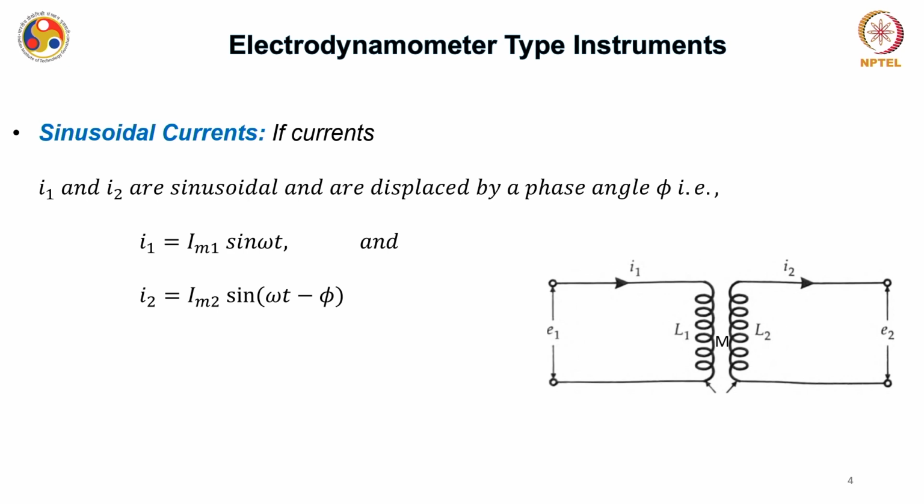I1 is given as Im1 sin omega t, which I am calling equation A, and I2 is given as Im2 sin(omega t minus phi), and I am calling this equation B.